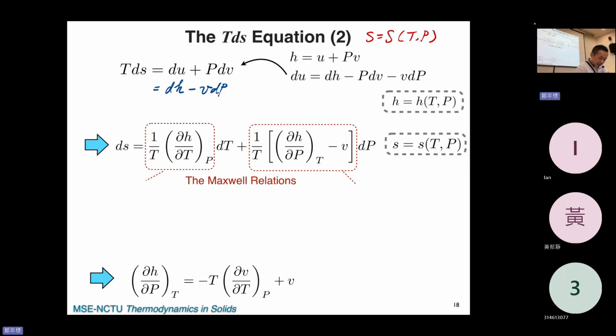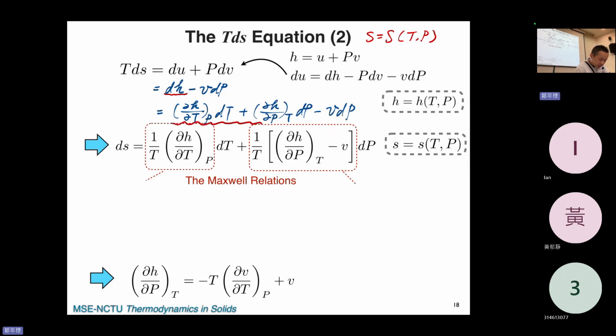And again, H is a function of T and P. We do exactly the same thing as in the previous page: partial H over partial T at constant P dT, plus partial H over partial P at constant T dP, minus V dP.